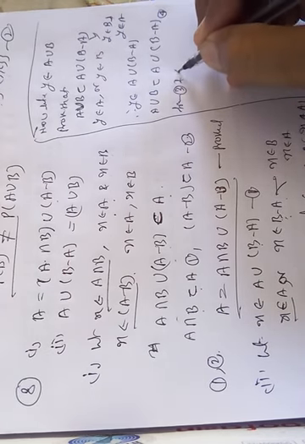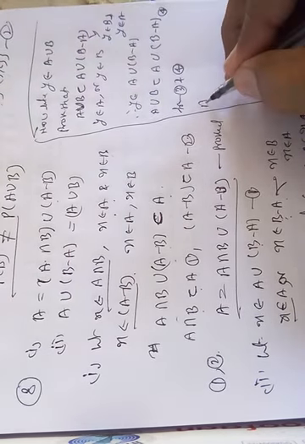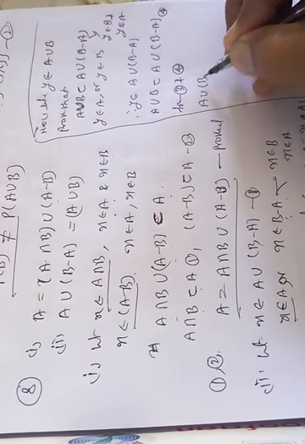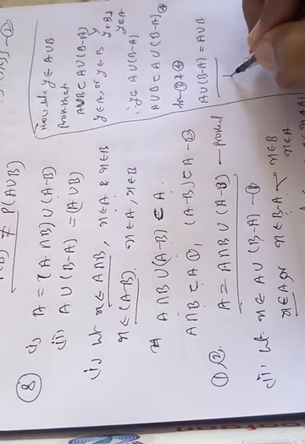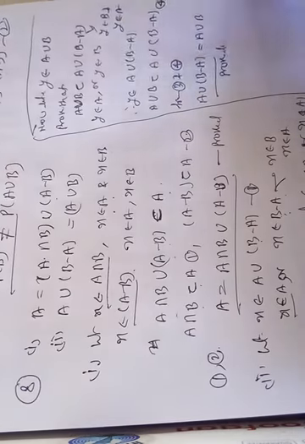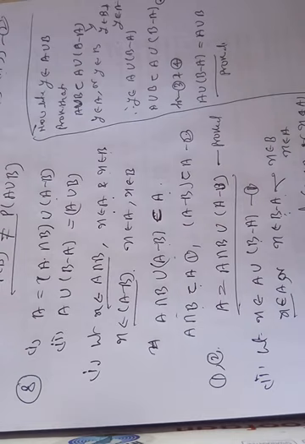From 3 and 4, A union B minus A equals A union B. Proved. Okay, and solve the remaining questions of the exercise, number 1 to 12. Next video will cover 13 to 15, sorry.